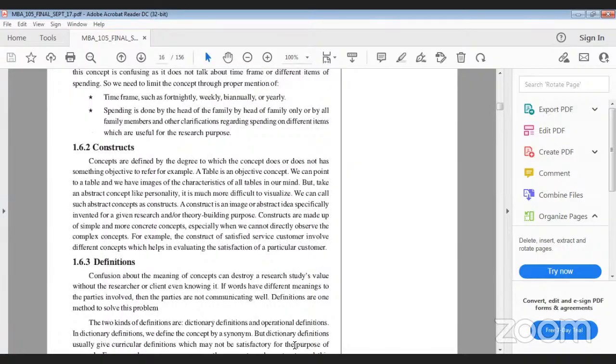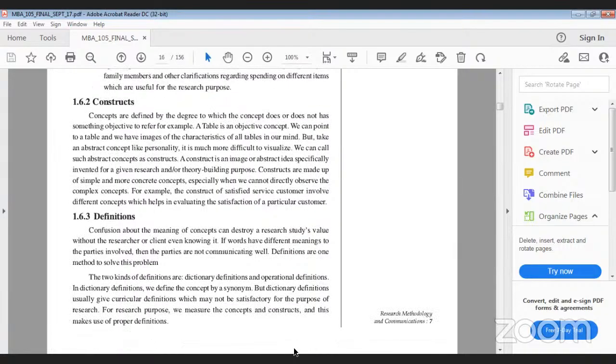Definitions. Confusion about the meaning of concepts can destroy a research study's value without the researcher or client even knowing it. If a concept has different meanings to the parties involved, then the parties are not communicating well. Definitions are the method to solve this problem.